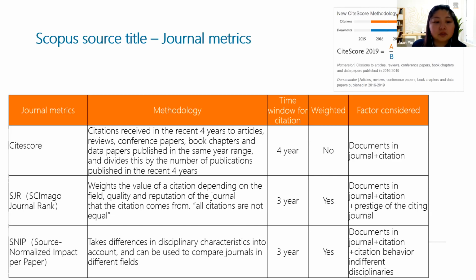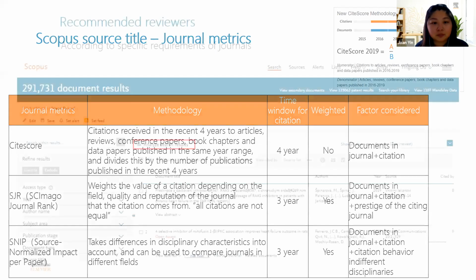Actually, it is a normalized impact metric. The factor considered is journal citation behavior in different disciplines. So you can combine the different metrics you need to find the most popular or most well-known journals to submit to or publish in.